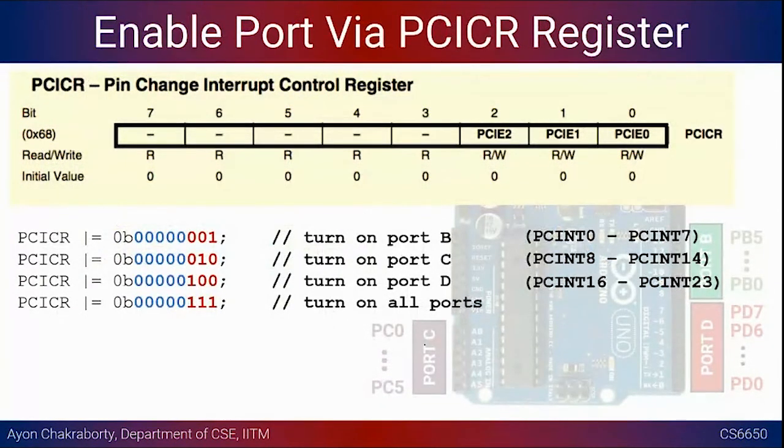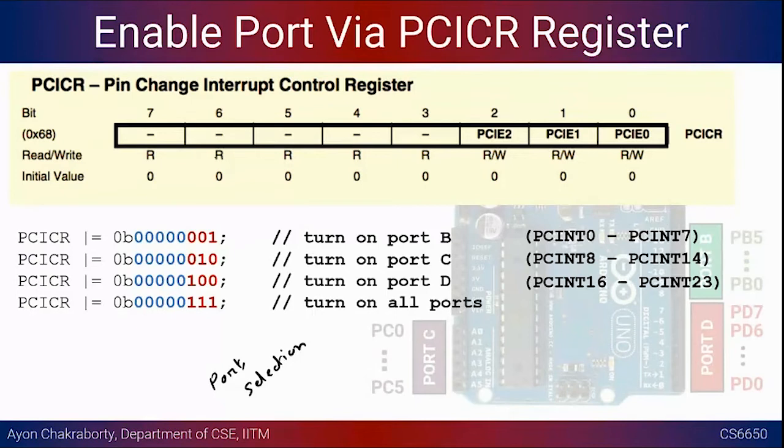First you have to select the port. So the first thing is the port selection. As you know, in this particular device we have these three ports, B, C and D, and there are certain pins associated with them. So first we select that particular port where we are going to implement the pin change interrupt.